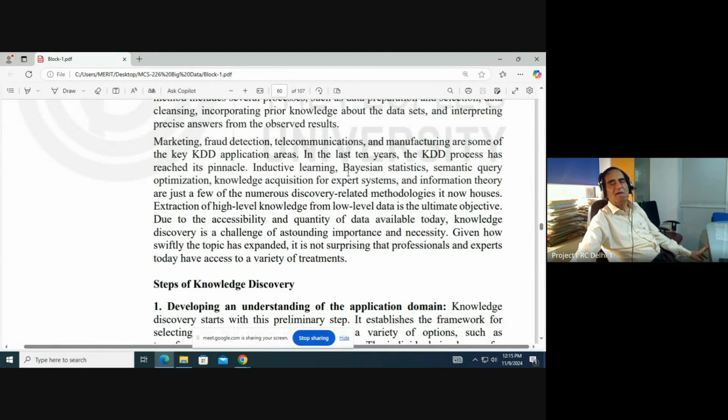Inducing learning, Bayesian statistics, semantic queries, optimization, and knowledge acquisition for expert systems (you know, expert systems are also an AI job), and information theory are just a few of the numerous discovery related methodologies that can be used. Extraction of high level knowledge from low level data is the ultimate objective. From low level data, you get knowledge. Discovery is the best thing.